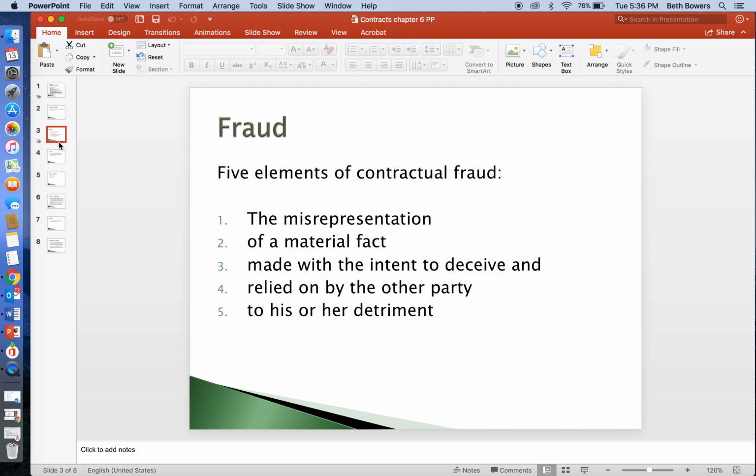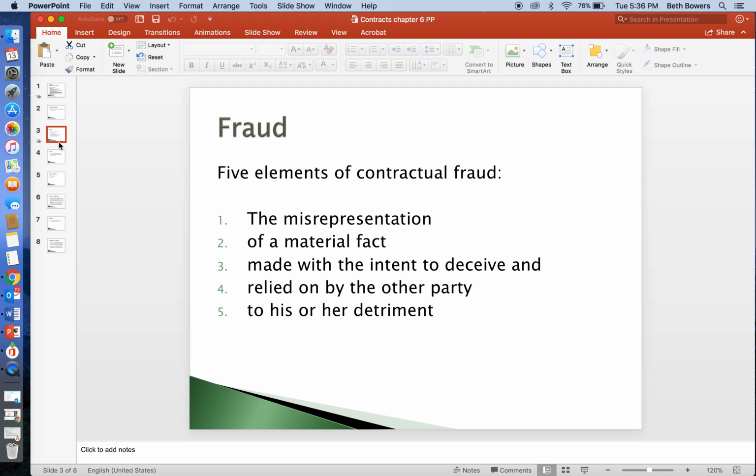When we talk about element number 2, which is of a material fact, what's important there is that the fact has to go to the heart of the transaction. It really has to be critical in terms of what the contract is all about. So again, the facts will matter in any of these situations.